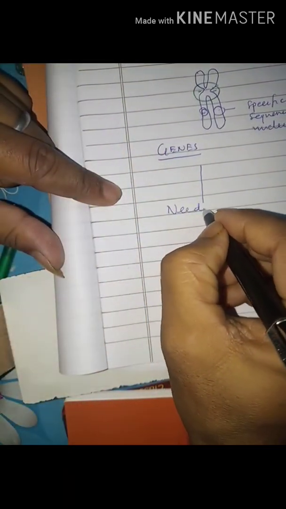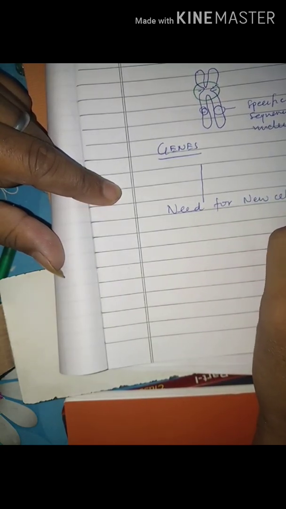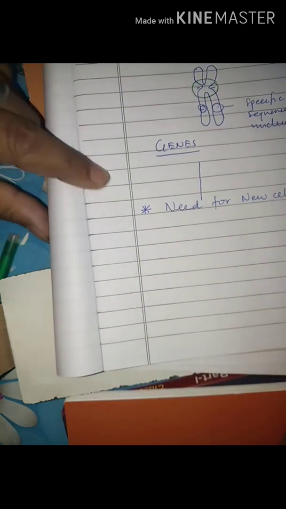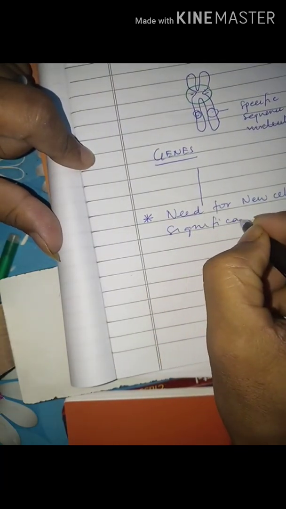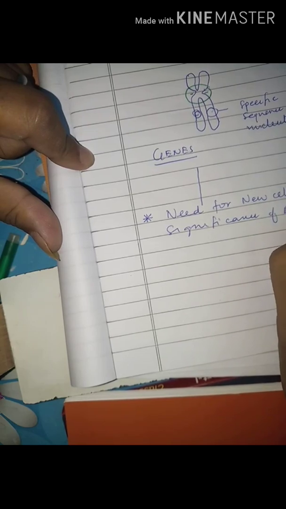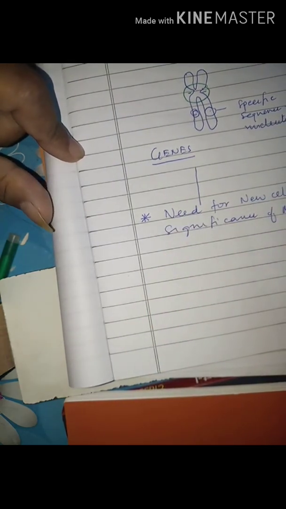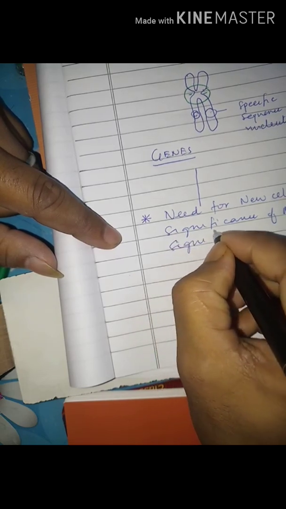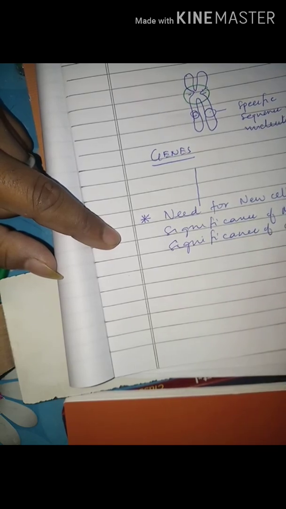The topic need for new cells can be replaced by significance of mitosis, which can be replaced by what are the significance of cell division.